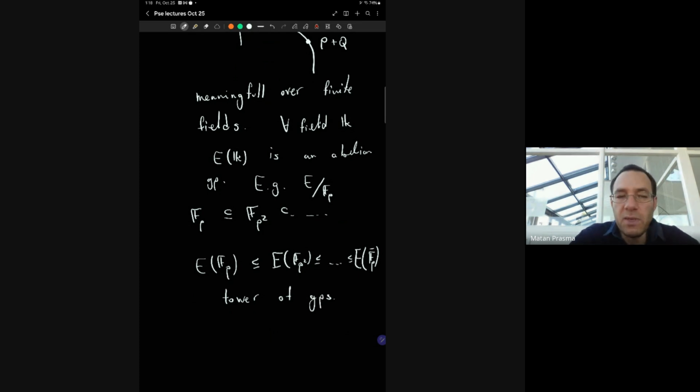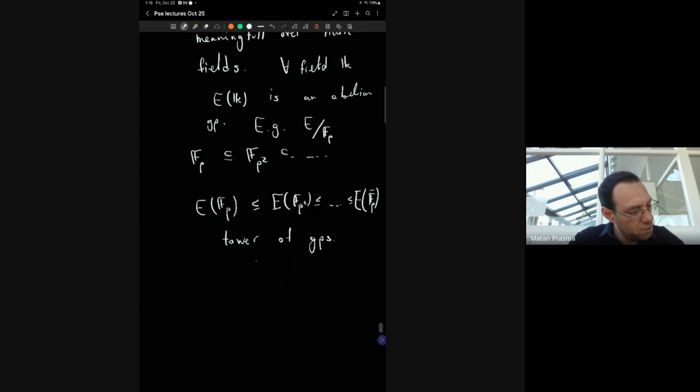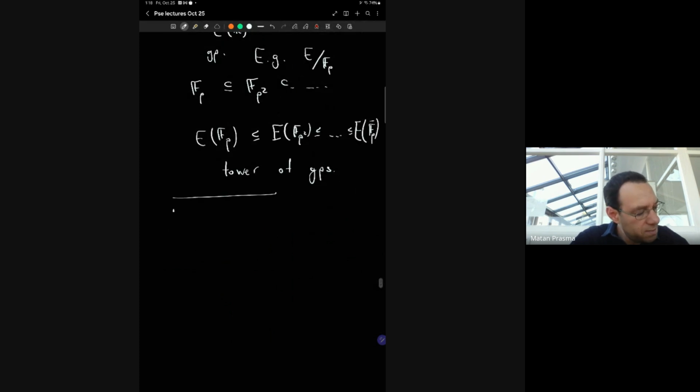Then we went into this business of rational maps. So we want to be able to understand maps from the algebraic or geometric objects that we care about, in this case, this elliptic curve, into the field.